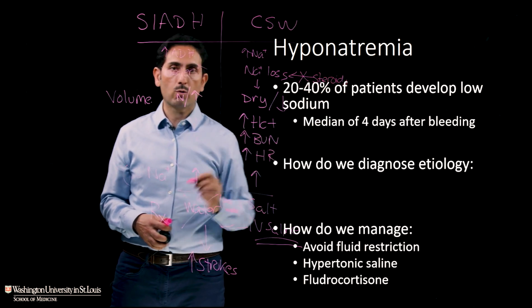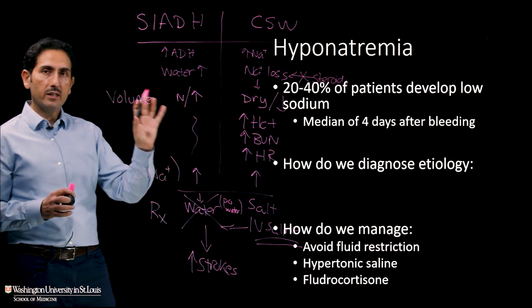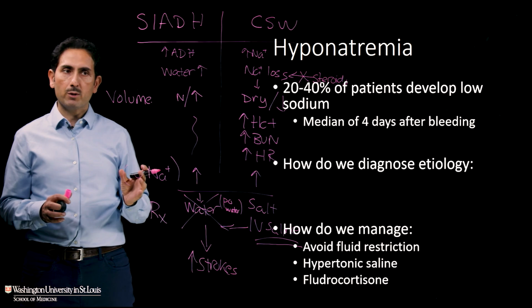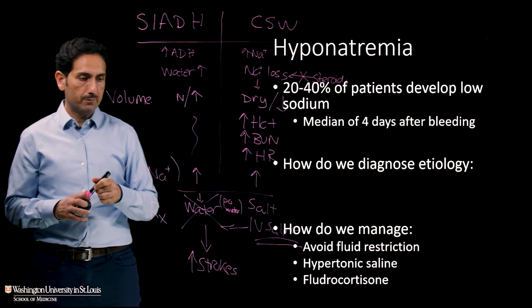Mineralocorticoids, or steroids like fludrocortisone, block the salt loss. So if the sodium is still going down and you're worried about low volume, you can give mineralocorticoids.